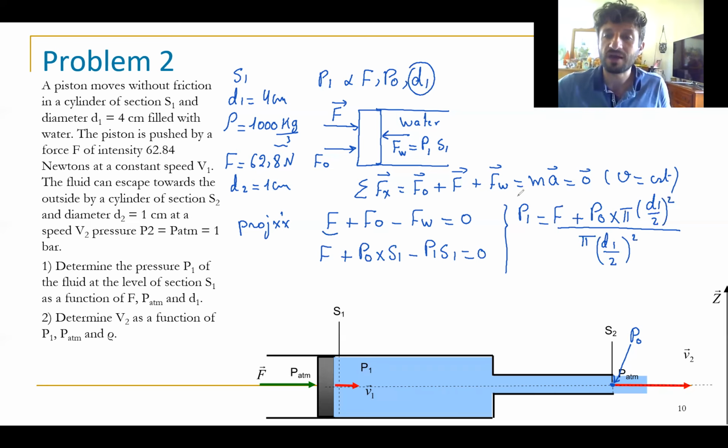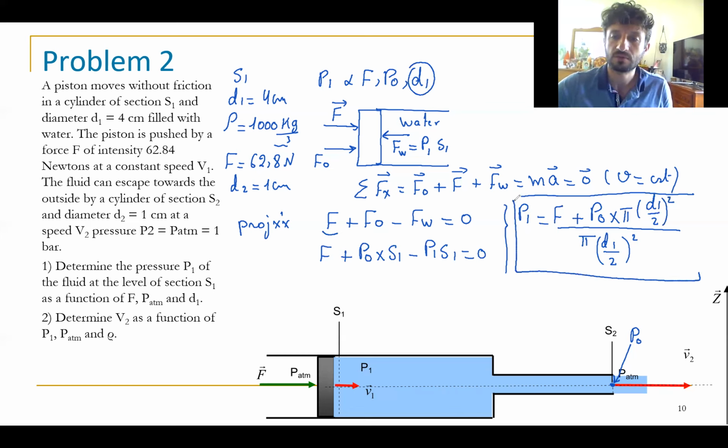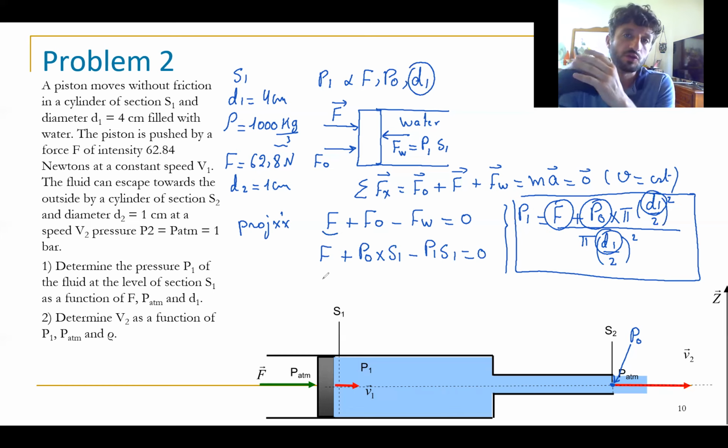So here we have P1 as a function of F, P0, and D1. This is the value of P1. If I used the Bernoulli equation, we could not have this function because we don't have F inside the Bernoulli equation.